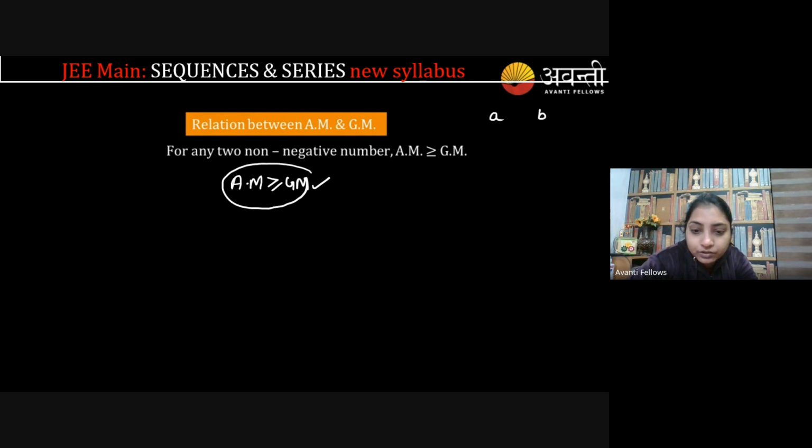Clear? So can any one of you tell me when to implement this method, that AM is greater than GM? What conditions do I need to look for so that I know when to apply this method? Anyone?